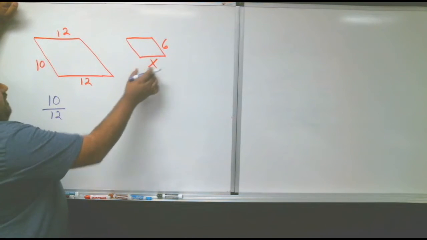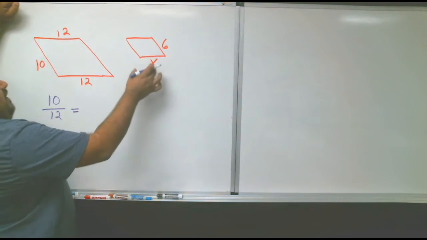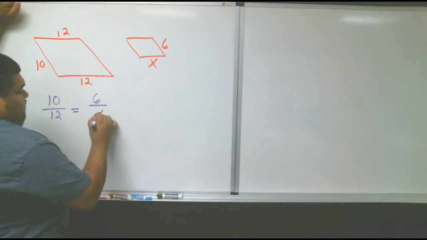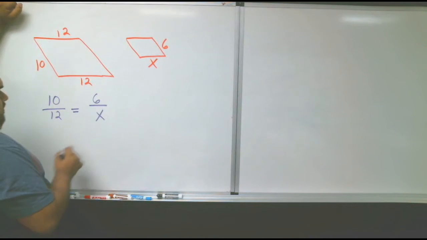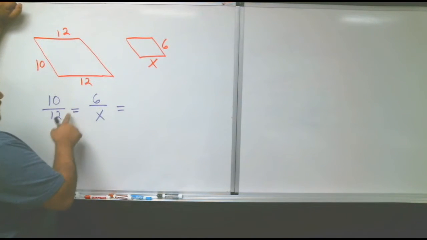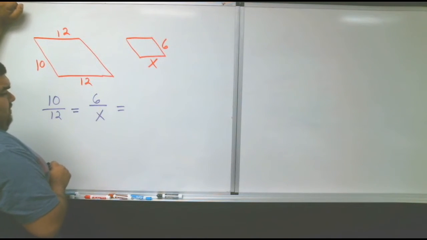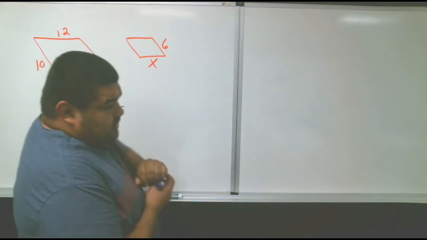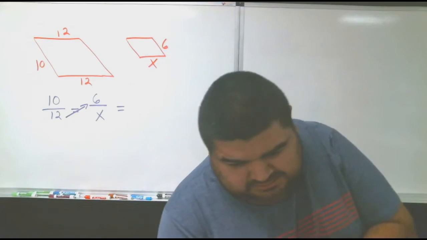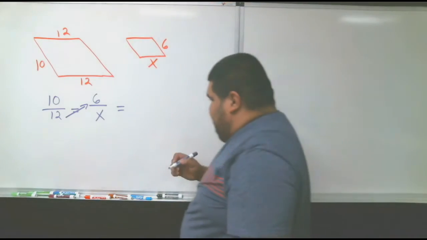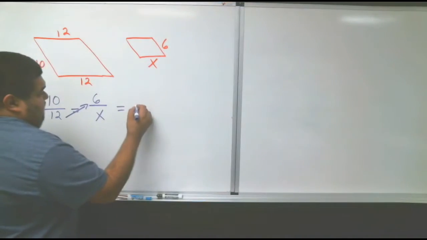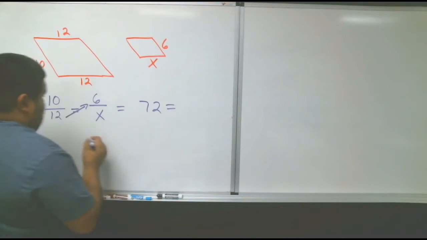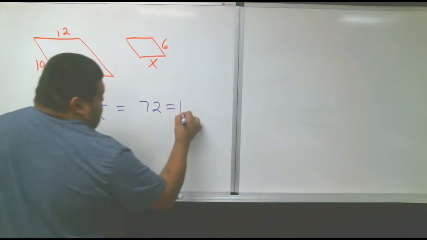We have to use the same thing over here: side, which is 6, over base, which is x, which equals 12 times 6. We cross multiply, which is 72. So we have 72 equals 10 times x, which is 10x.